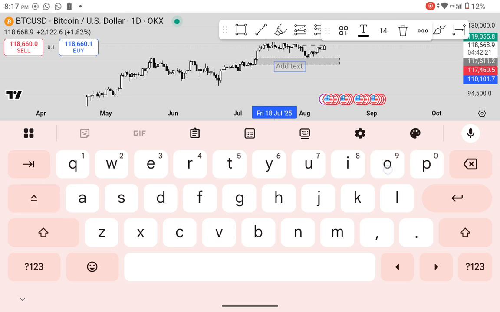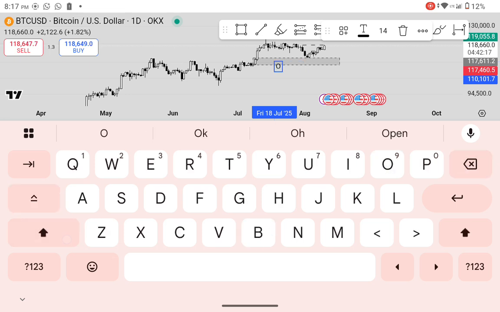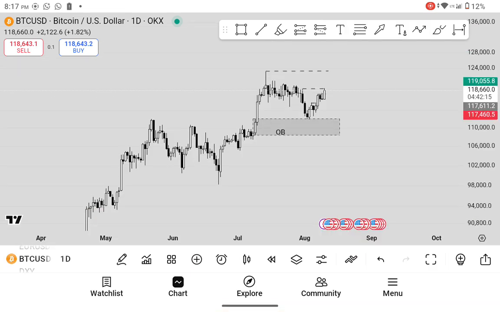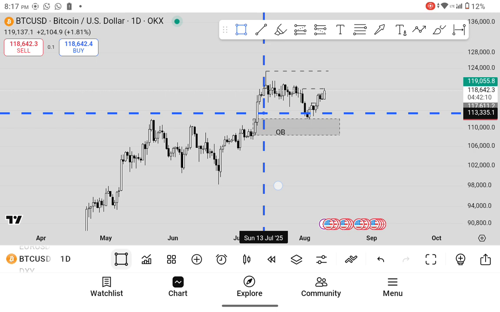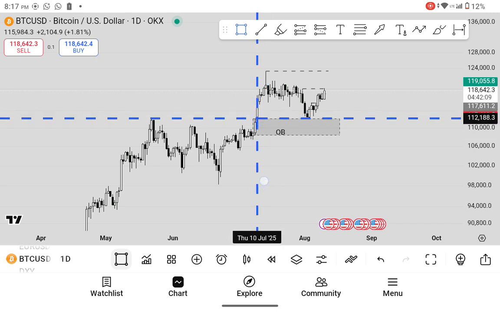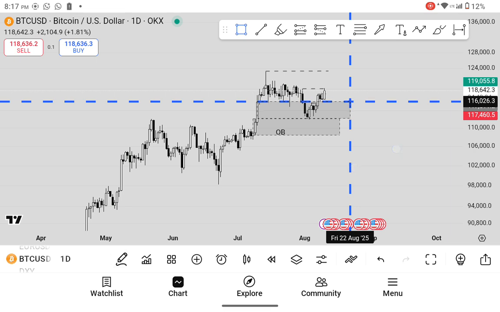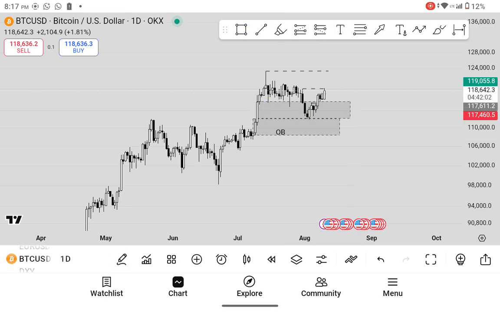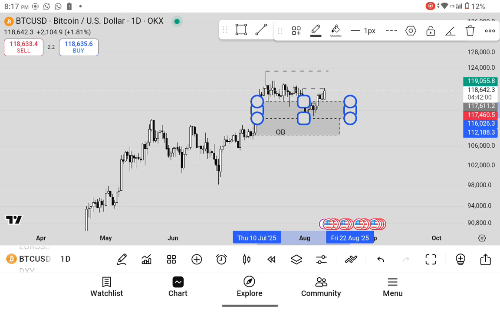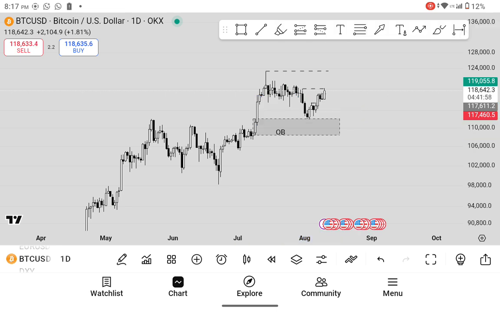Anytime the market consolidates, the market will give you an impulse, and whenever the market gives you an impulse move, it will give you an order block and a fair value gap. That's just how the market operates. So you see, this was our fair value gap and our order block. What did price do? We waited patiently, price tapped our order block, and this is our next draw on liquidity.